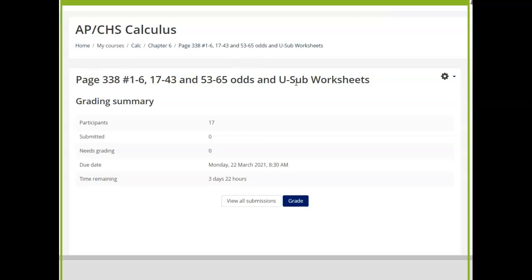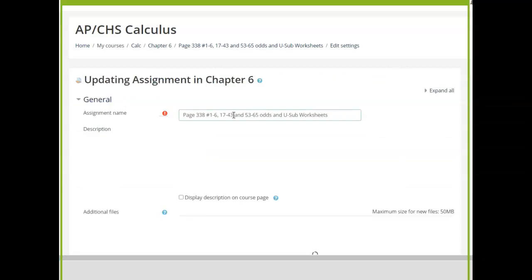So your assignment is up there on the website. This part here and that part are all just the odds. So like don't do 17 to 43 all. It's the odds. I guess I could even type that so it's much more clear. Good.